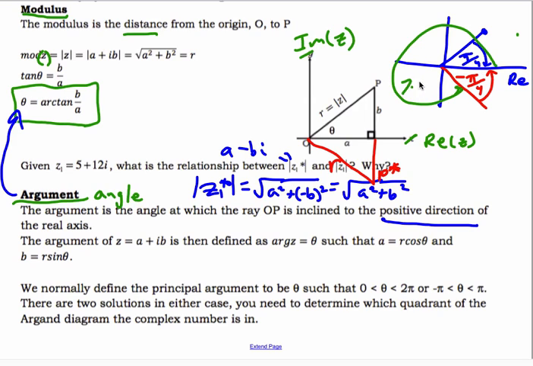So you could call it 7 pi fourths, but most mathematicians prefer this one. One reason is that if you have conjugates, the arguments are such that one is the negative of the other. Next, you can see this down here. Normally we have this as the range of the argument, but most mathematicians prefer this one right here.